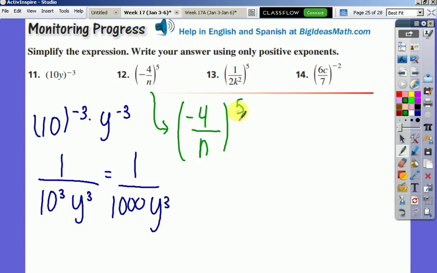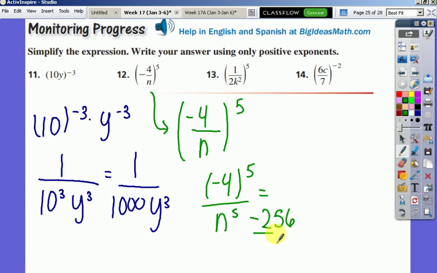So, what are we going to raise to the fifth power? Negative 4? Right. So we're going to raise negative 4 to the fifth power, and we're going to raise n to the fifth power. What's negative 4 to the fifth power? Negative 256? Yep. Negative 256 over n to the fifth.